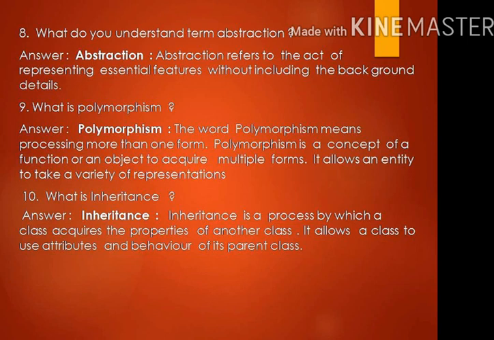Question number 10. What is inheritance? Answer. Inheritance is a process by which a class acquires the properties of another class. It allows a class to use attributes and behavior of its parent class.